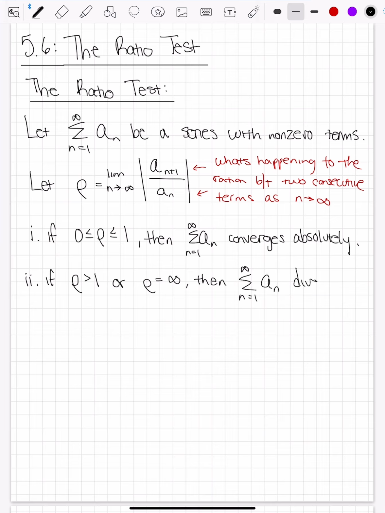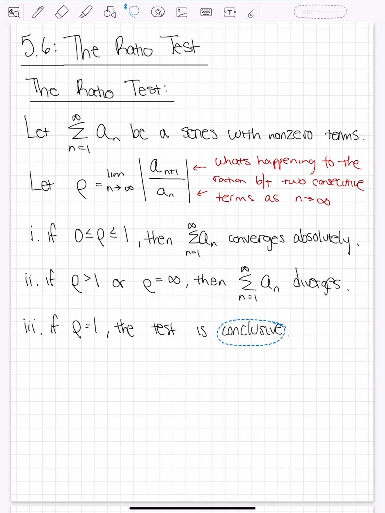If it's equal to 1, then we're not sure, because it could converge to one specific real number, but the test doesn't tell us that. I meant the test is inconclusive.